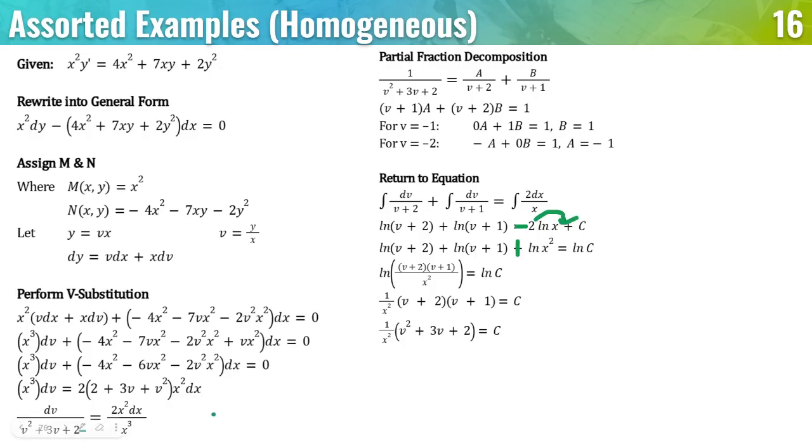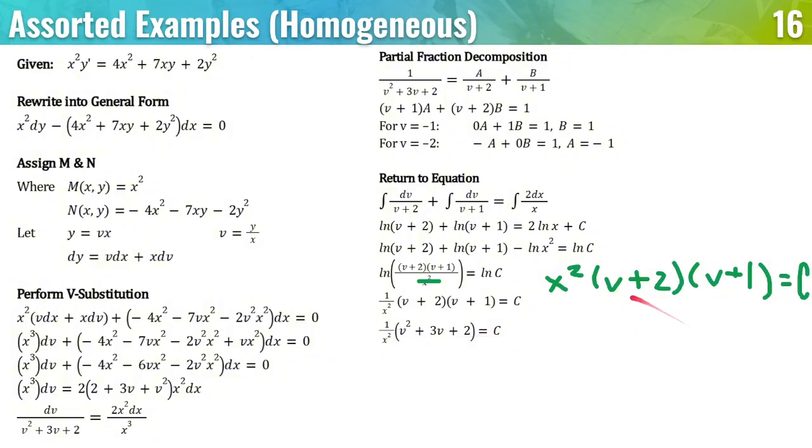So it's x squared. So correction for this one, it shouldn't be in the denominator. It should be x squared times v plus 2 plus 1 is equal to c. It's not the final answer.